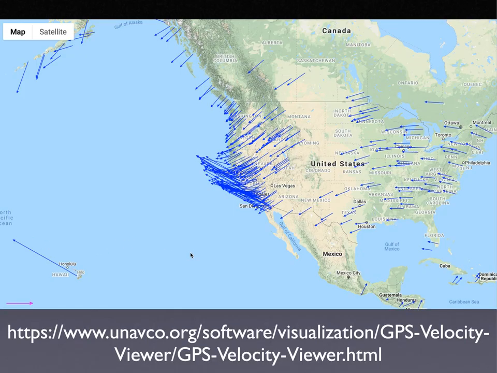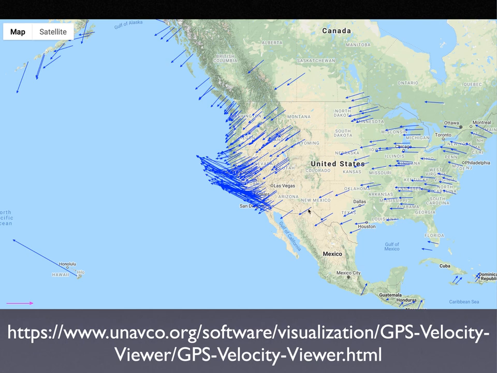Here in the United States, we have a network that has been operated by UNAVCO. It was once called the Plate Boundary Observatory, created during Project EarthScope, and it has collected a couple of decades worth of data.